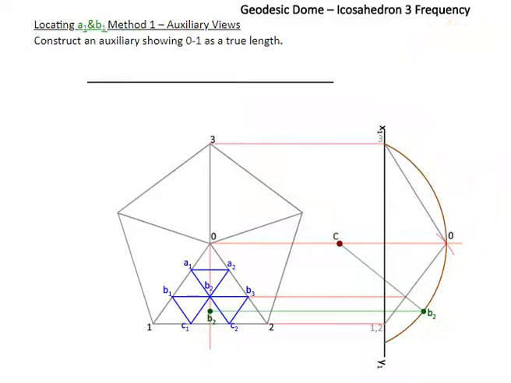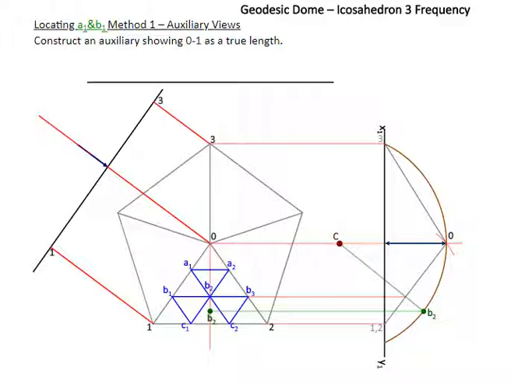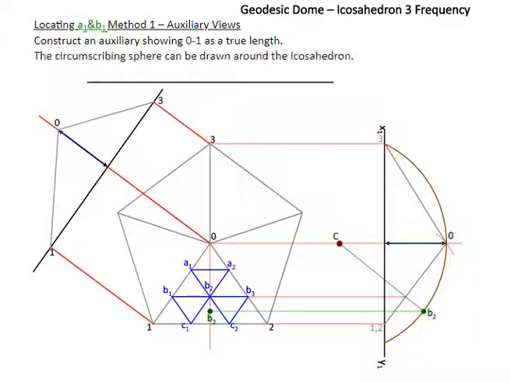So we have to construct an auxiliary showing 0 to 1 as the true length. So the circumscribed sphere can be drawn around the icosahedron.